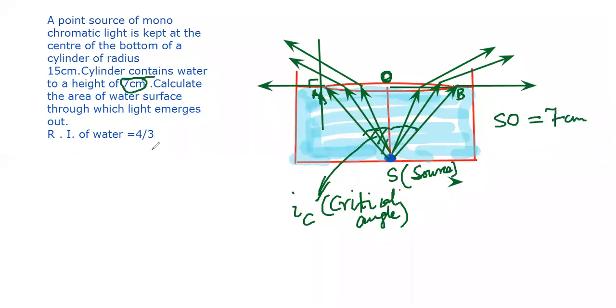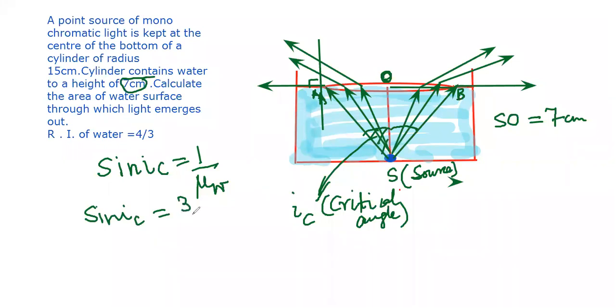Now the refractive index of water is 4 by 3. From your knowledge of critical angle, you know that sine of IC is equal to 1 by the refractive index. In this case the material is water, so it will be the reciprocal of the refractive index. So sine of IC will be 3 upon 4.